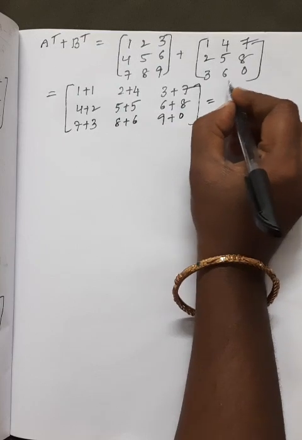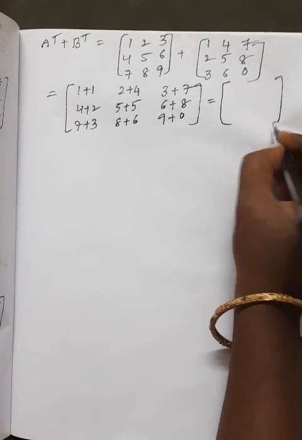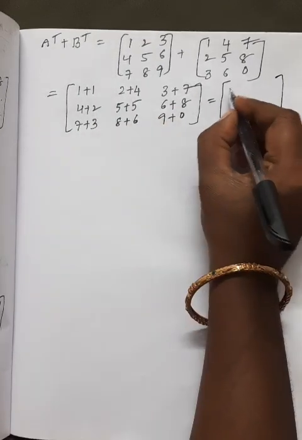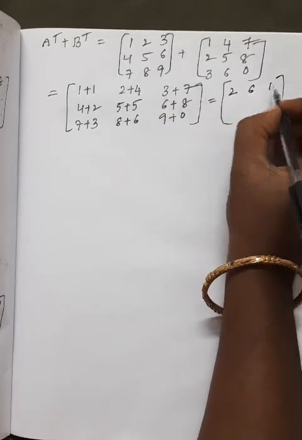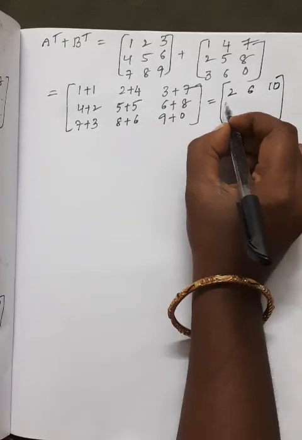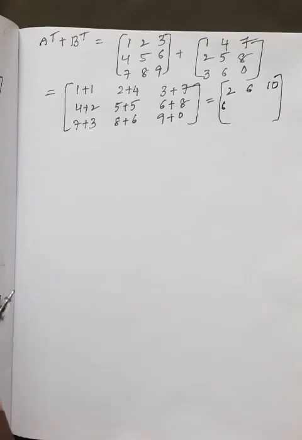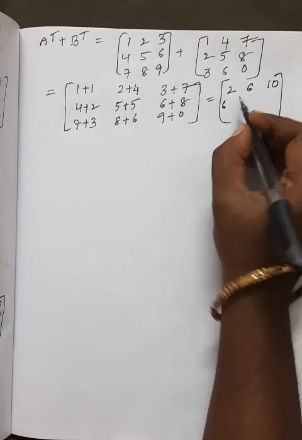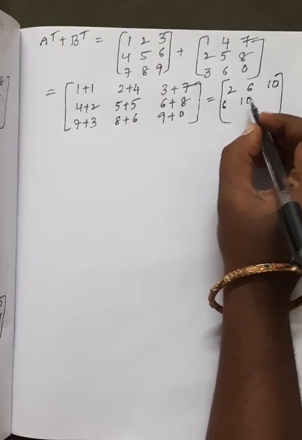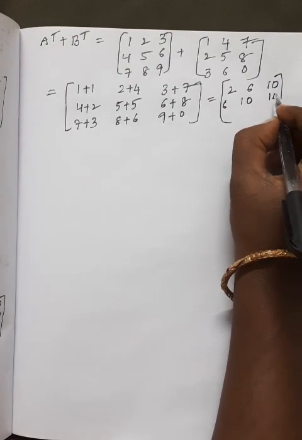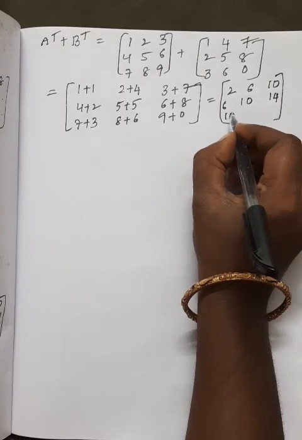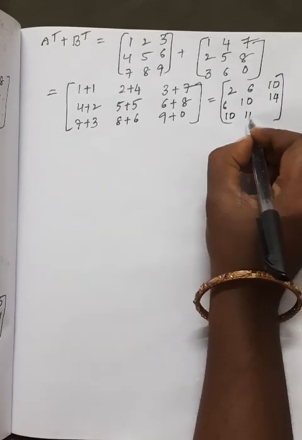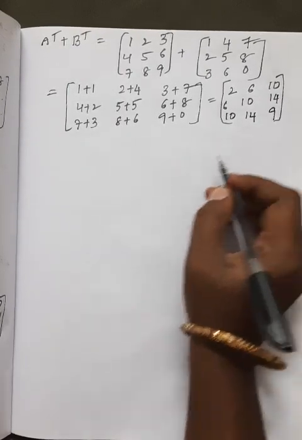So after writing like this, you have to simplify. 1 plus 1 is 2, 2 plus 4 is 6, 3 plus 7 is 10, 4 plus 2 is 6 again, 5 plus 5 is 10, 6 plus 8 is 14, 7 plus 3 is 10, 8 plus 6 is 14, 9 plus 0 is 9.